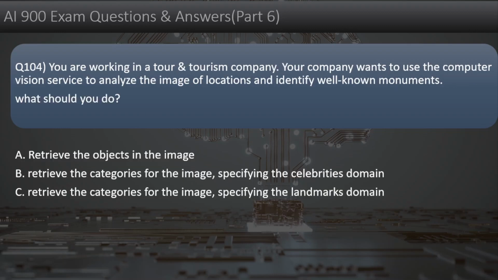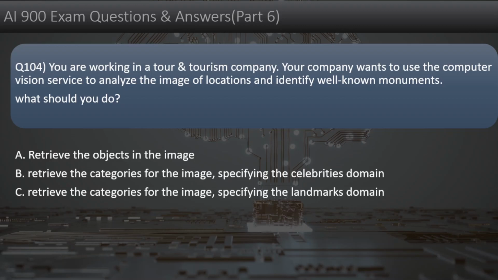You are working in a tour and tourism company. Your company wants to use the computer vision service to analyze the image of locations and identify well-known monuments. What should you do? Option A, retrieve the objects in the image. Option B, retrieve the categories for the image specifying the celebrity's domain.